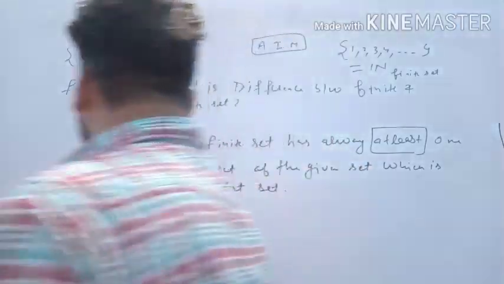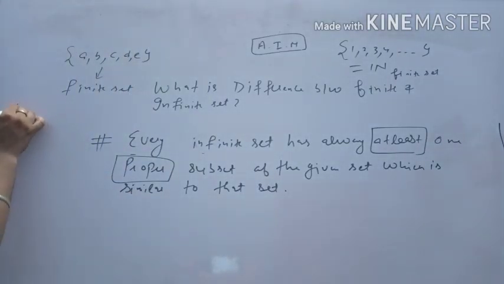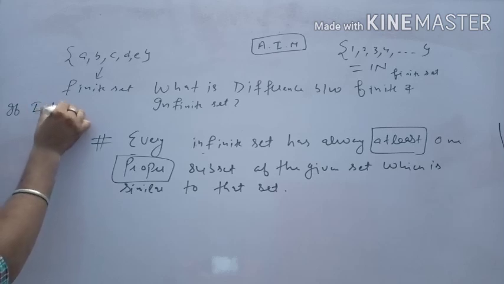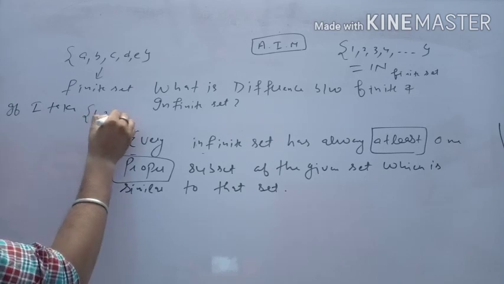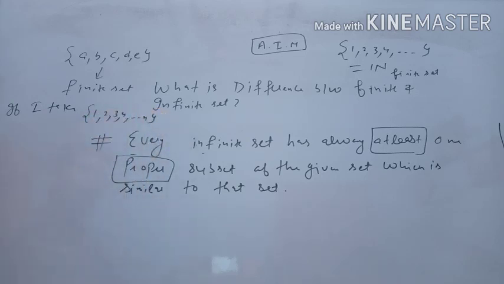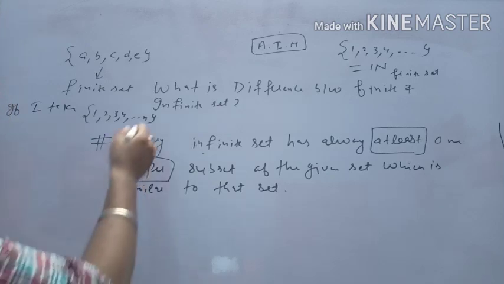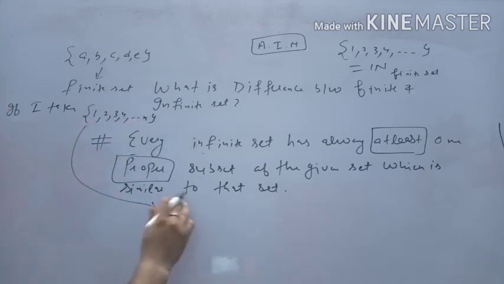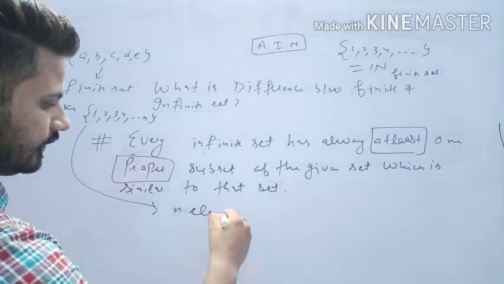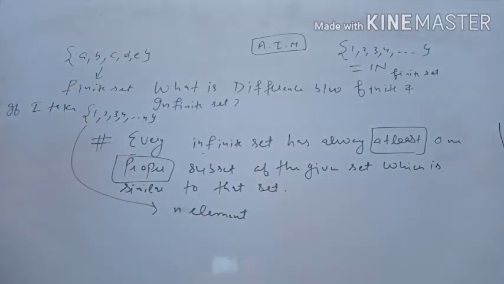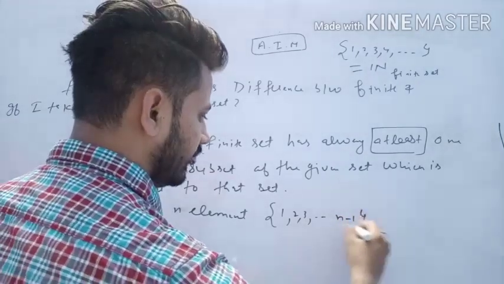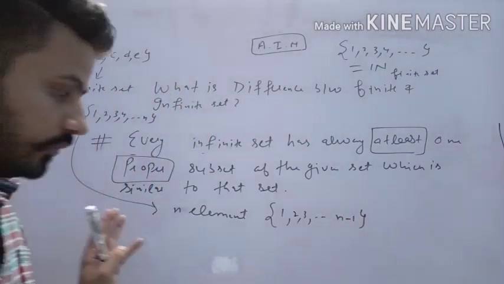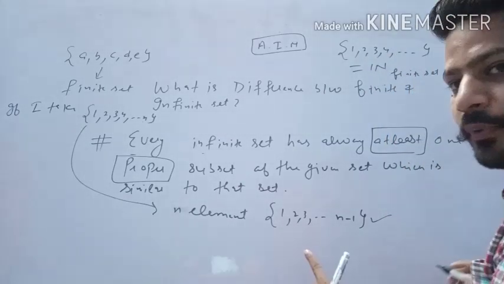Let's see it. If I take 1, 2, 3, 4 and so on up to n, this set has n elements. Now if I take a proper subset of this set, then it is 1, 2, 3 up to n minus 1 elements, because we have to write a proper subset.